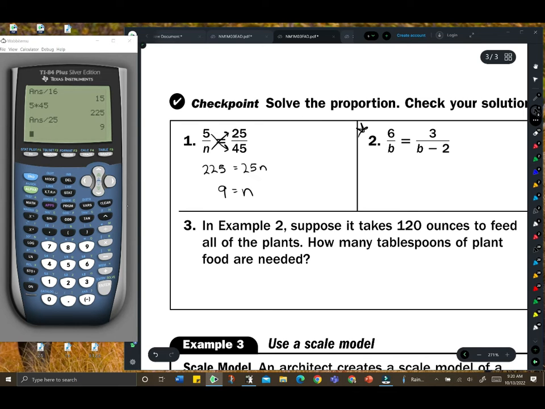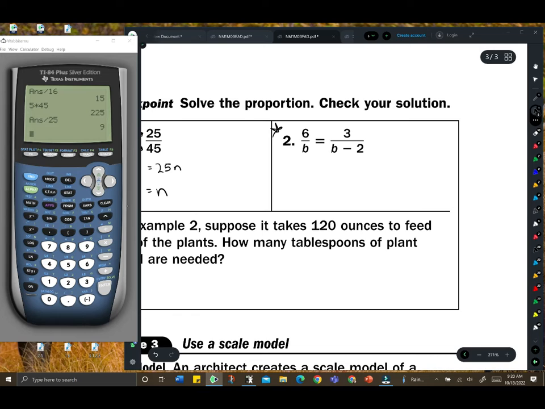Here is a challenging one too. Pay extra attention. When we multiply by a binomial, or a term like the denominator here, you need to be careful. This is 6 times the quantity b minus 2 is equal to 3b. Now we have to distribute.